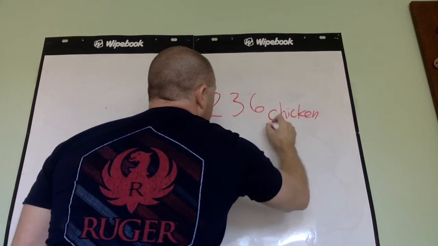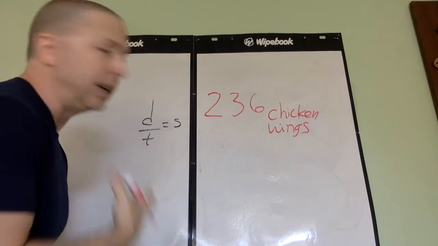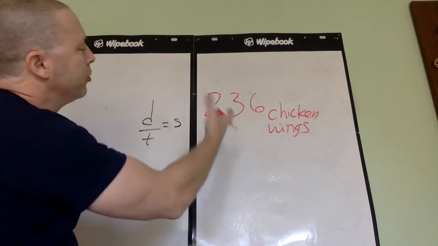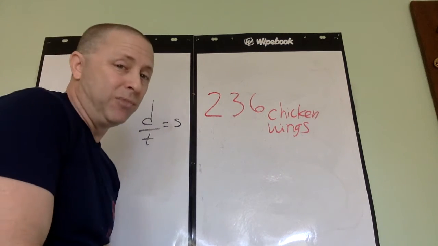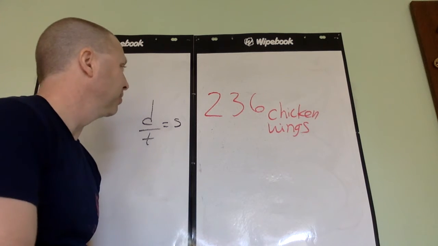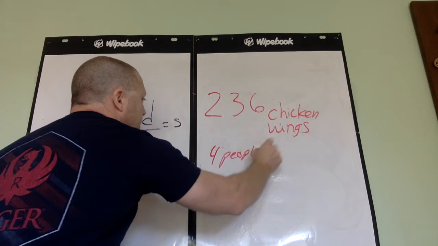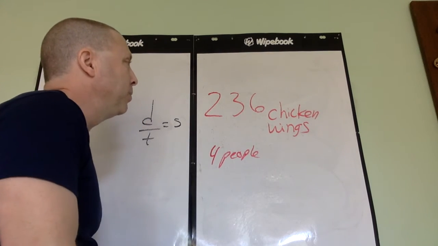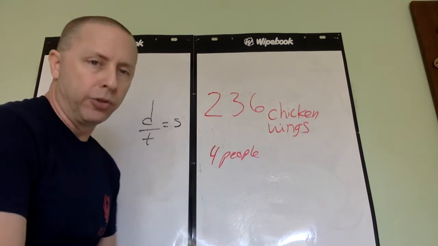Okay, you're going out, you're hitting the Wingstop up, and you love yourself some wings. I love myself some wings, good stuff. So 236 chicken wings. And let's say you and some of your friends are going to be eating them. So let's say there's going to be like 4 of your friends. So 4 people. All right. And you split them all up evenly, and you divide 236 by 4, and you get your answer.